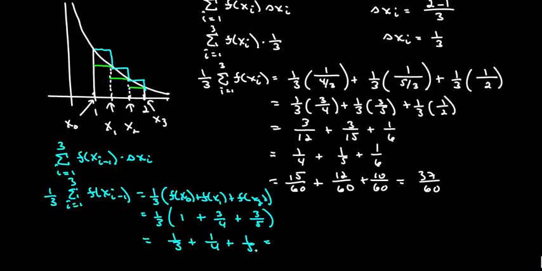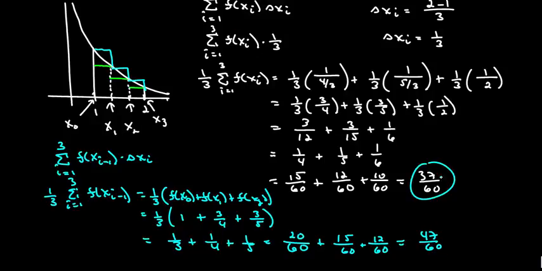And a third plus a fourth plus a fifth, it looks like we can still do 60 as our denominator there. So that would be 20 over 60 plus 15 over 60 plus 12 over 60. And that'll give me, I believe, 47 over 60. Now what you notice is my lower estimate here was 37 over 60.